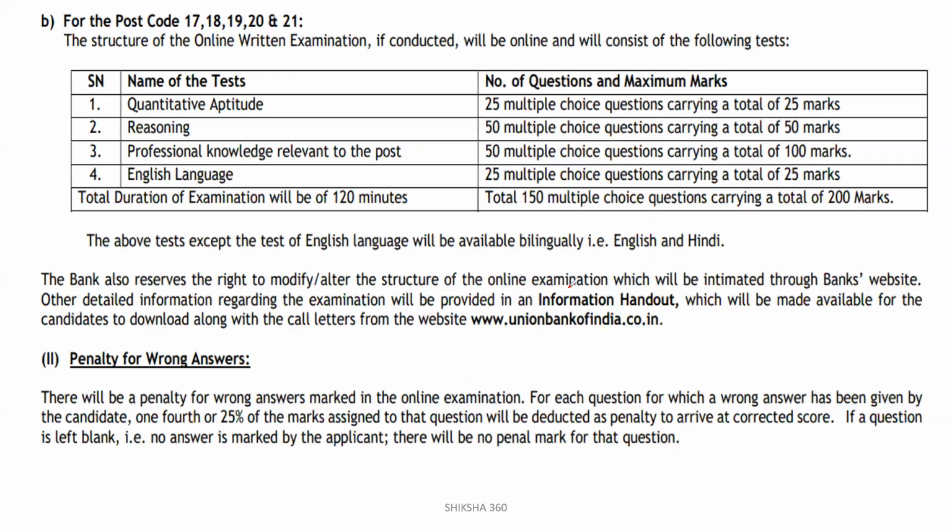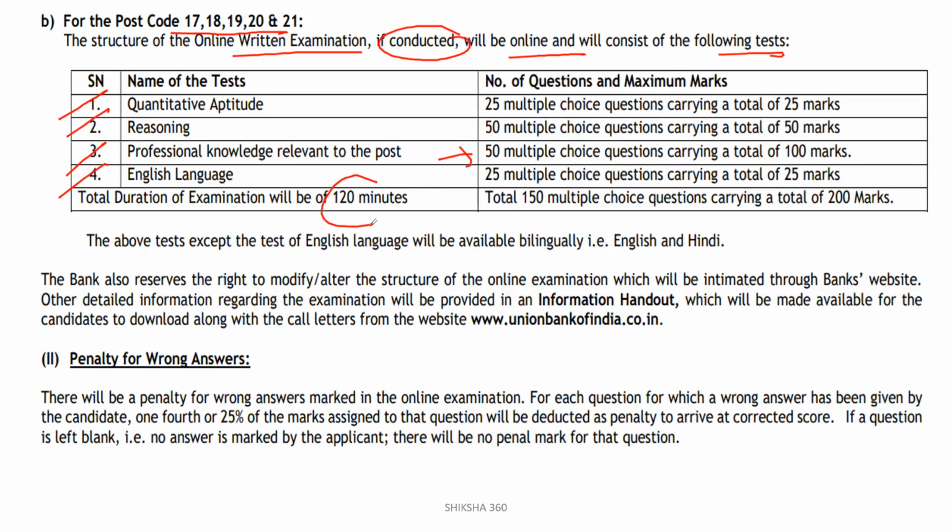So what is the paper criteria? What will they ask in the examination? This is post number 21. For the post codes 17, 18, 19, 20 and 21, the online written examination, if conducted, will be online and will consist of the following tests. There are 4 parts: quantitative aptitude, reasoning, professional knowledge relevant to the post, and English. We will mainly focus on part 3, professional knowledge.